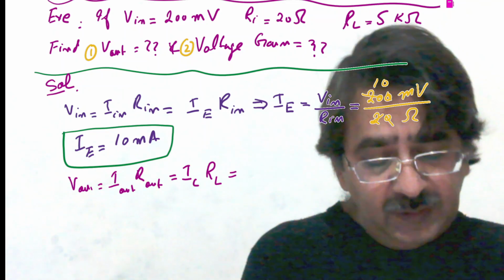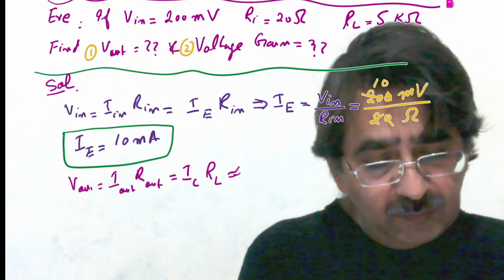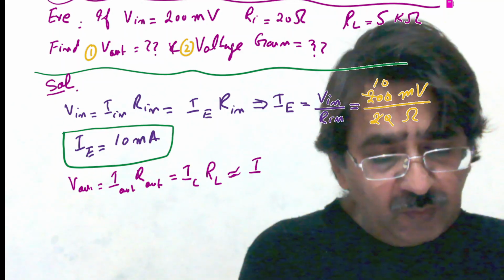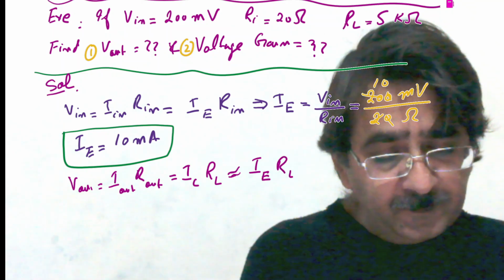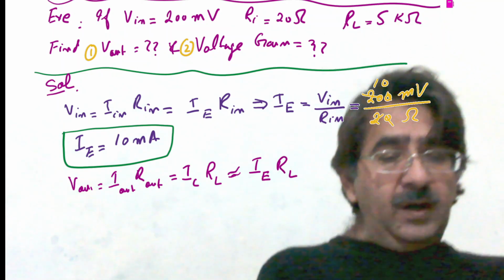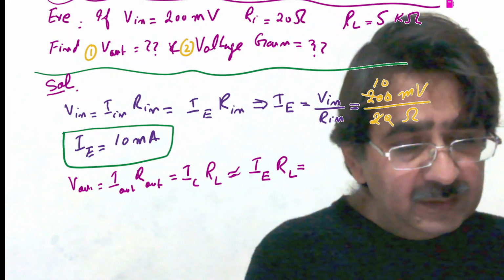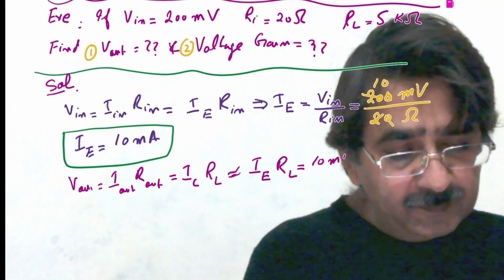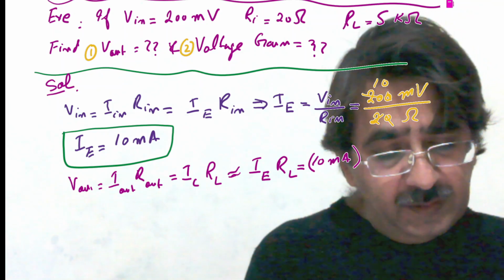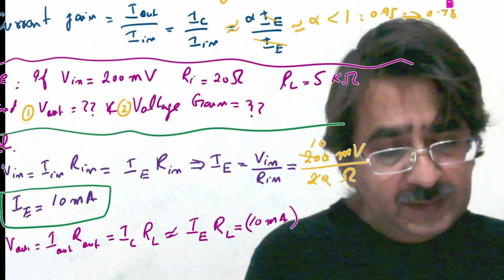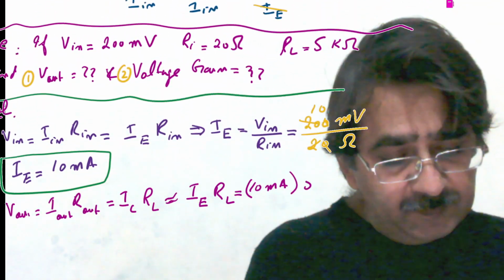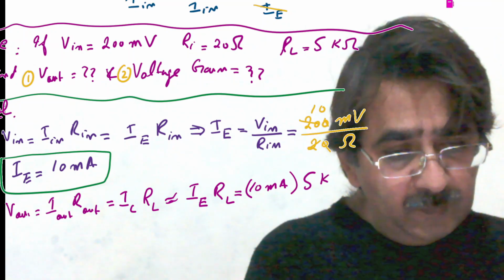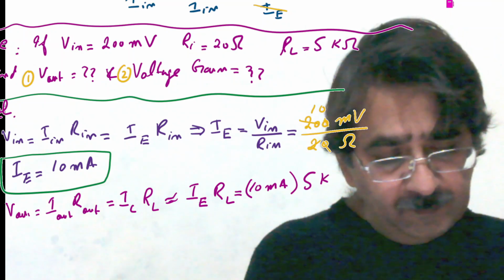IC is approximately equal to IE, as I have already told. IE is given, that is 10 milliampere, and RL is 5 kilo ohm.